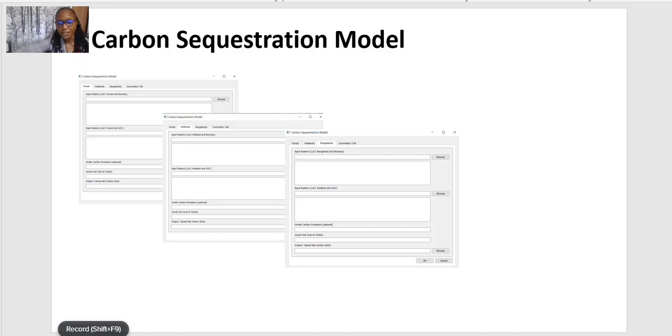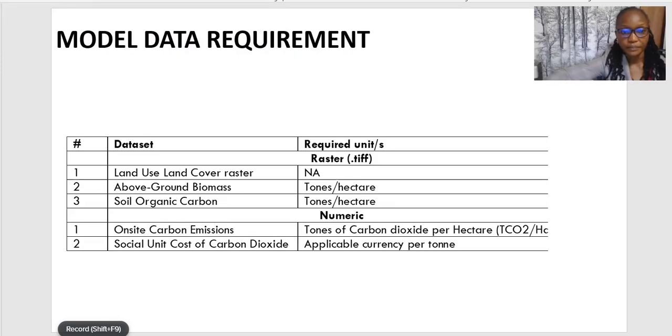It also has captured three significant ecosystems, the forest, the wetland, and the rangelands, where, as demonstrated there, you can see the data inputs and the various data requirements for you to run this model. In the model data requirement, the first data set that you need is the land use, land cover raster.